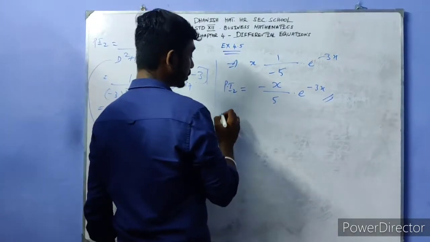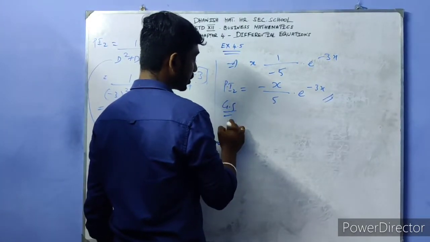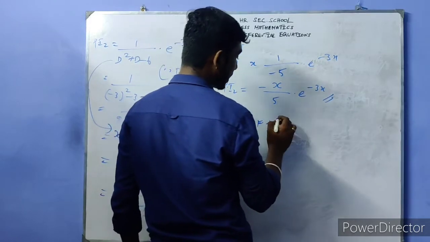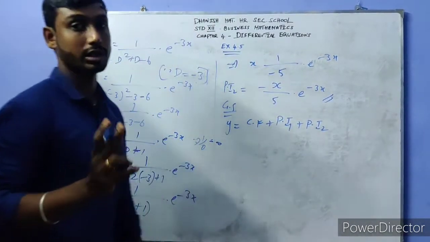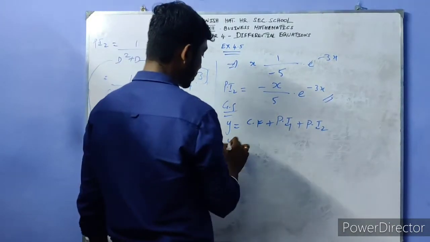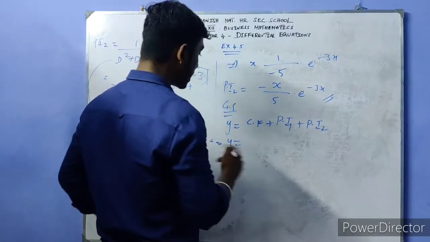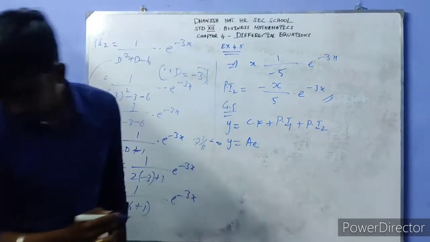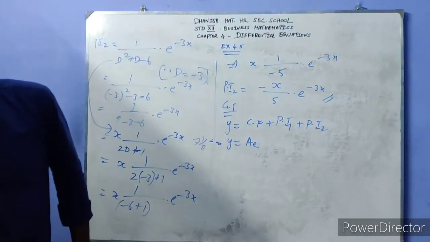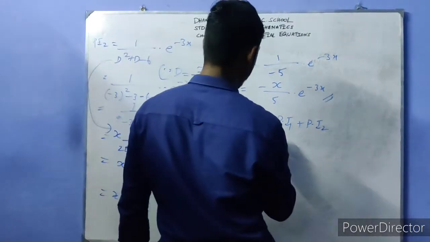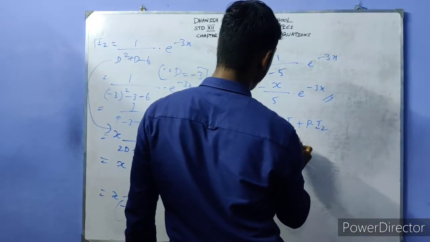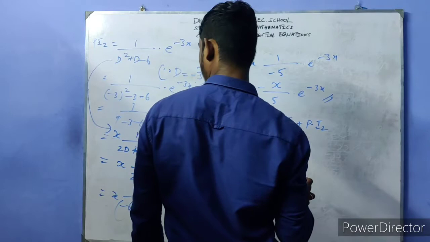Now we are going to find out the general solution. What is the general solution? Y is equal to CF plus PI1 plus PI2, because two functions are on the RHS. Let me solve this. Y is equal to, what is the CF value? That is A e power of minus 3x plus B e power of 2x, plus, what is the PI1 value?